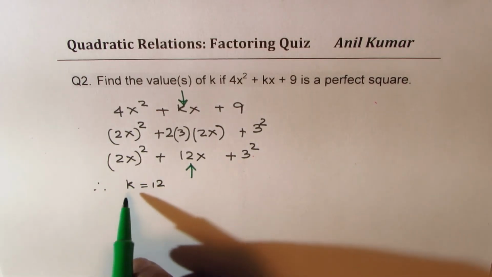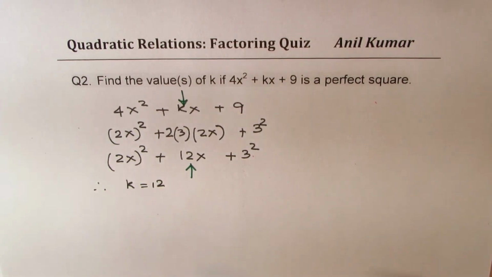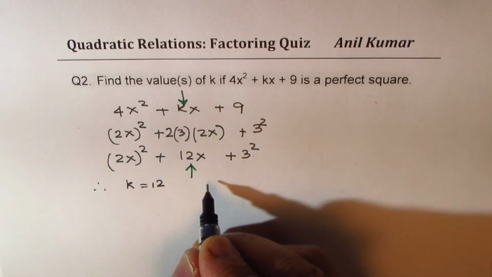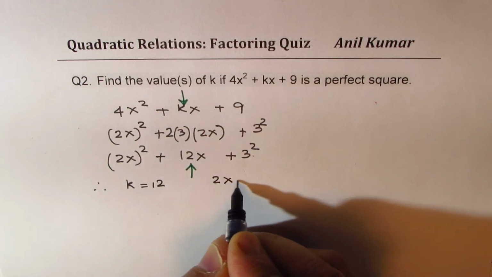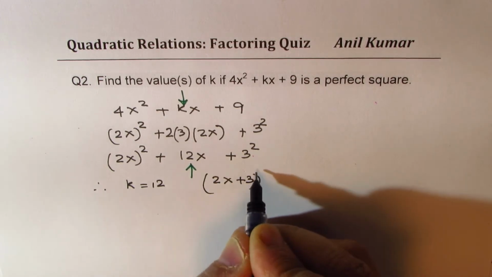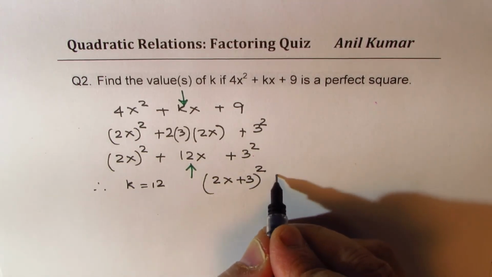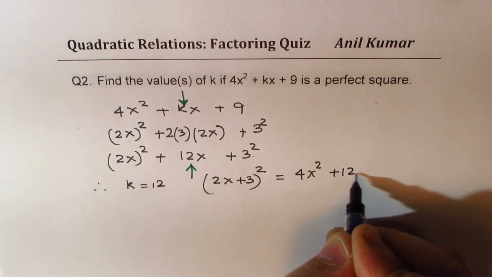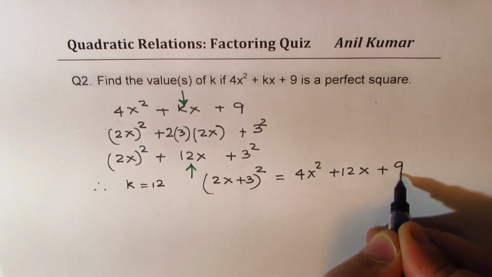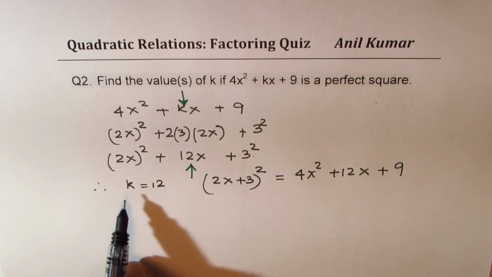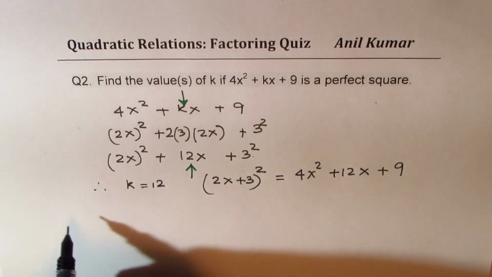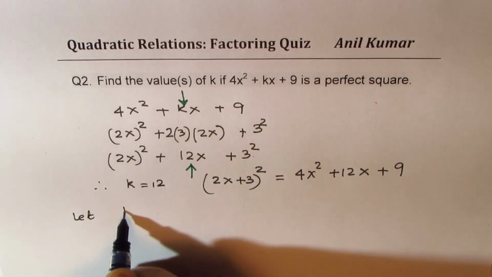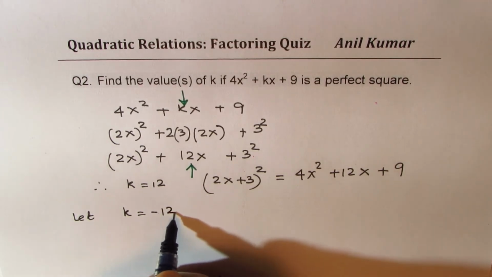Now, if I use k as 12, in that case, I could write this expression as (2x plus 3) whole squared, right? So in that case, what I get here is 4x squared plus 12x plus 9. Now, could you use k as minus 12? Let's try. So let k equal minus 12.